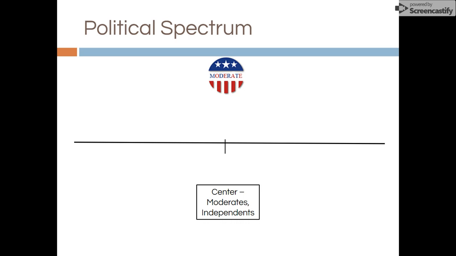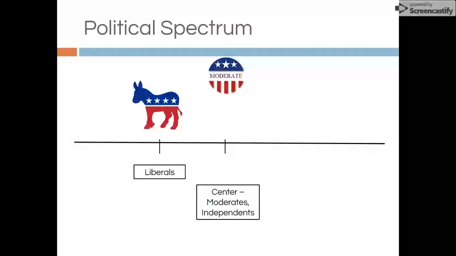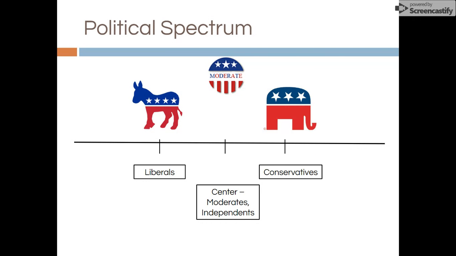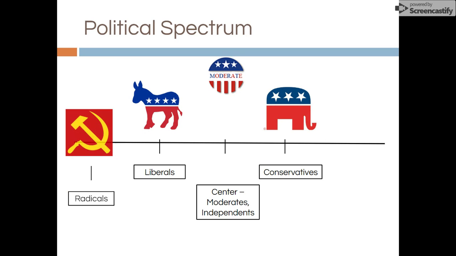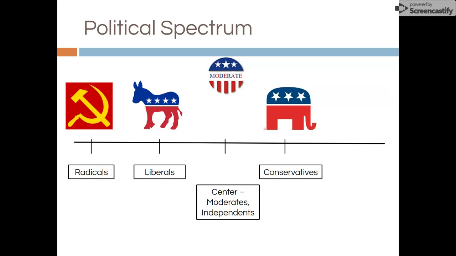So, again, we have our moderates and independents in the center, liberals on the left. Democrats are considered liberals, which is why there's the donkey symbol. On the right, we have our conservatives. We tend to associate that with Republicans, which is why we have the elephant symbol. On the far left, the extreme left, we have radicals.